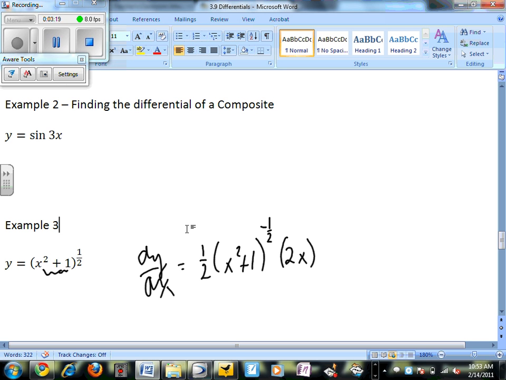Okay, and now let's clean it up and write our differential. So we'll say dy equals, we'll just have a 2x on top, and we'll have 2 times the square root of x squared plus 1. And then this is all times dx. And that's all it is.